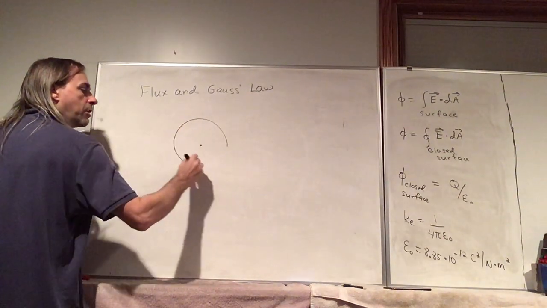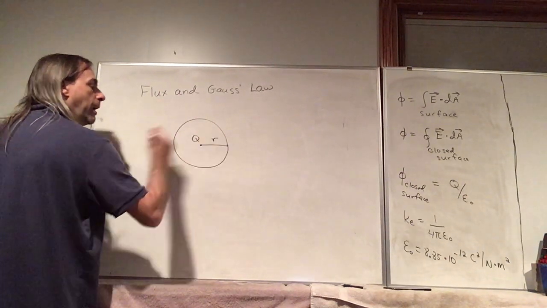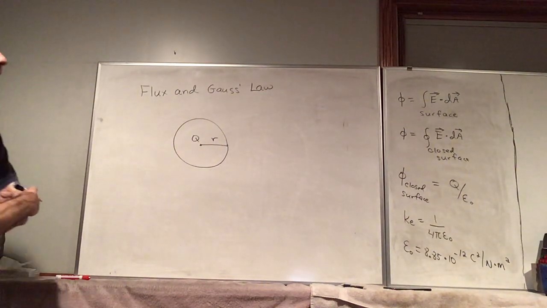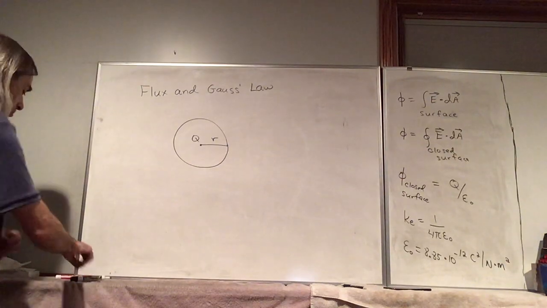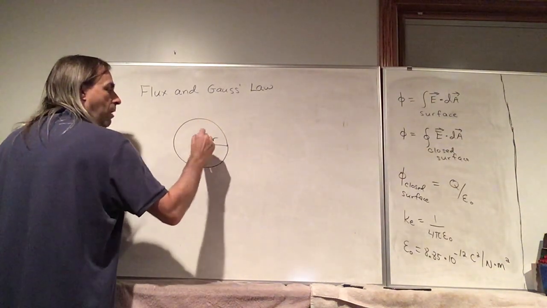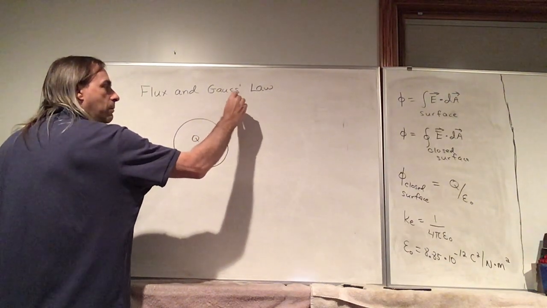So let's say that we have a charge Q and a spherical surface with a radius R. And we can draw some electric field lines. Let's just draw one, actually. The electric field lines are radial.